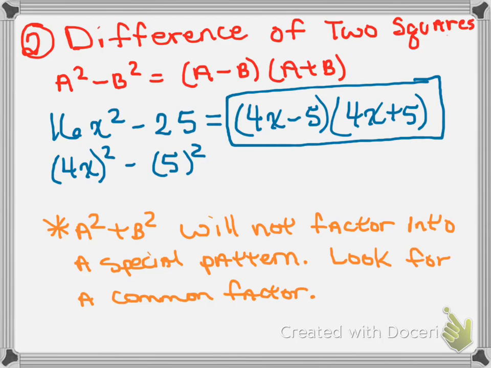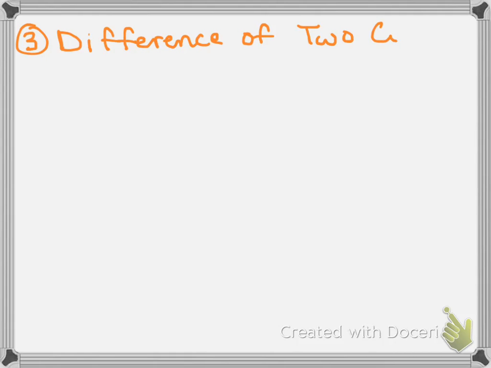Another pattern to look for when you are working with binomials would be the difference of two cubes. This is a pattern where you have a perfect cube minus a perfect cube.